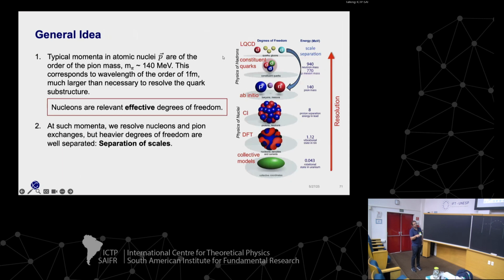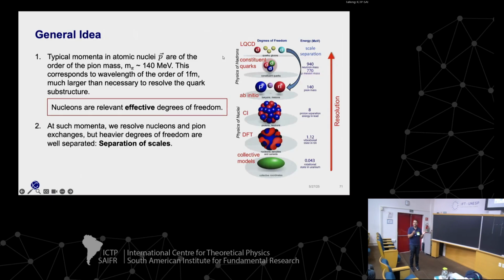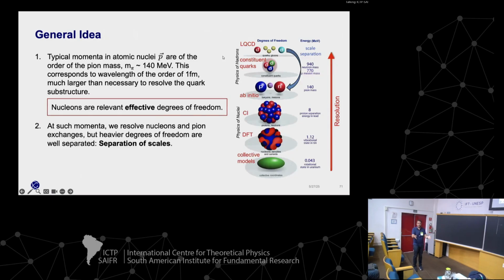If you look at an atomic nucleus with increasing energy or increasing resolution, you will see different degrees of freedom. This is like using a microscope, right? If you use an optical microscope, so low energy, you see certain things. If you use an electron microscope, much higher energy, much better resolution, you see much more detail. It's basically the same in every system: if you increase the energy that you use to probe a system, you see more details.